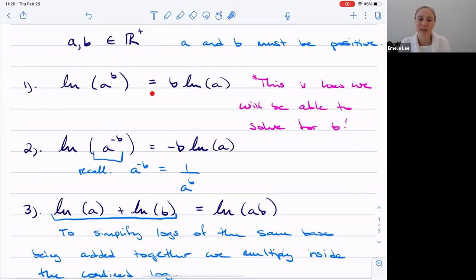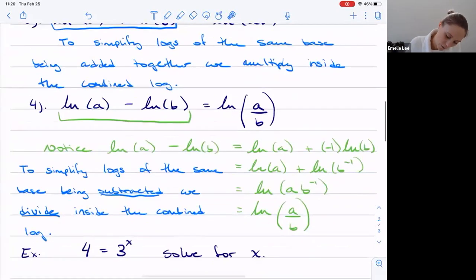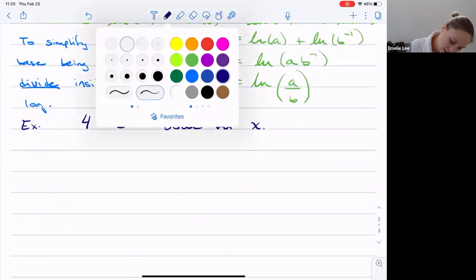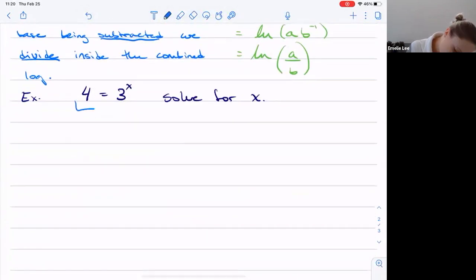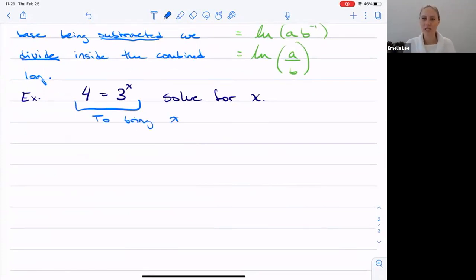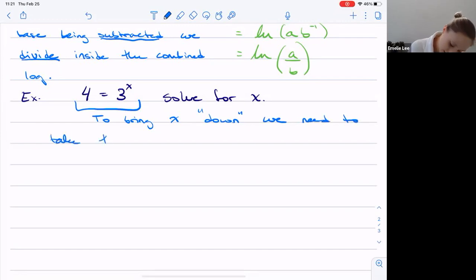So to get there, what I have to do is take the log of both sides of my equation, and then I can apply this property. To bring x down, we need to take the log of both sides.